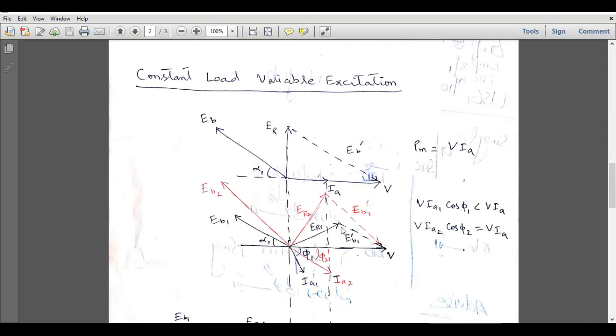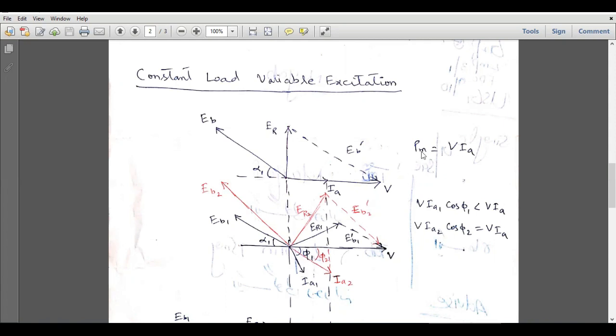And when we have such an ER1, the armature current will also undergo slight deflection and it will be directed downward. ER1 was at the y-axis and IA was at the x-axis. When ER1 is lying over here, IA1 will also deflect downward. Now this is IA1.